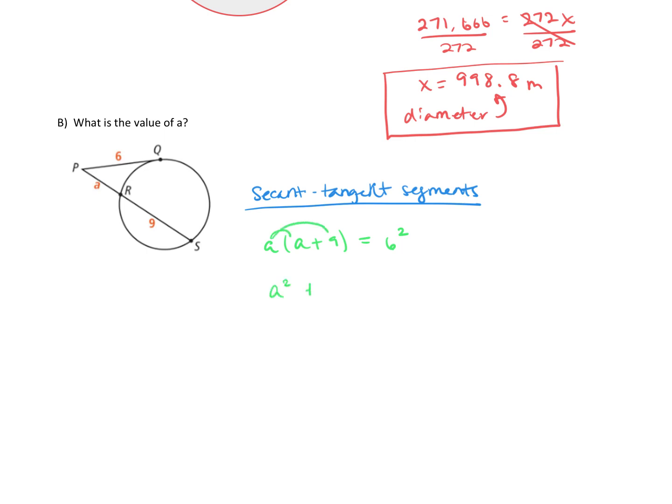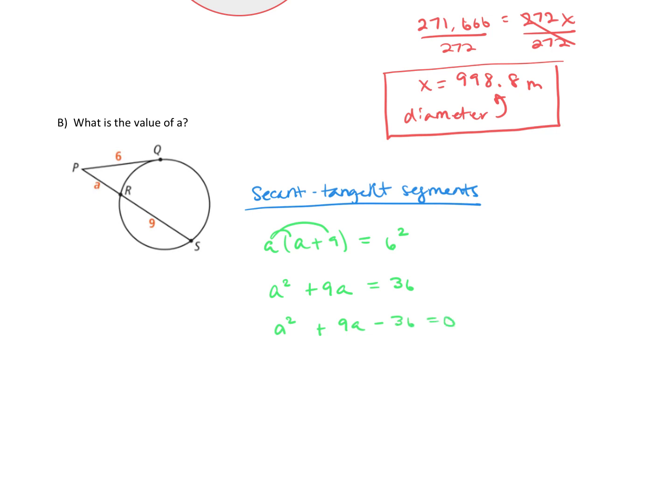A times 9 is 9A, equals 6 squared is 36. We can see that we're going to solve an equation that has a squared with another term. So let's try to factor this. We'll get everything to one side, 0 to the other side. I'm going to subtract 36 from both sides. So A squared plus 9A minus 36 equals 0.